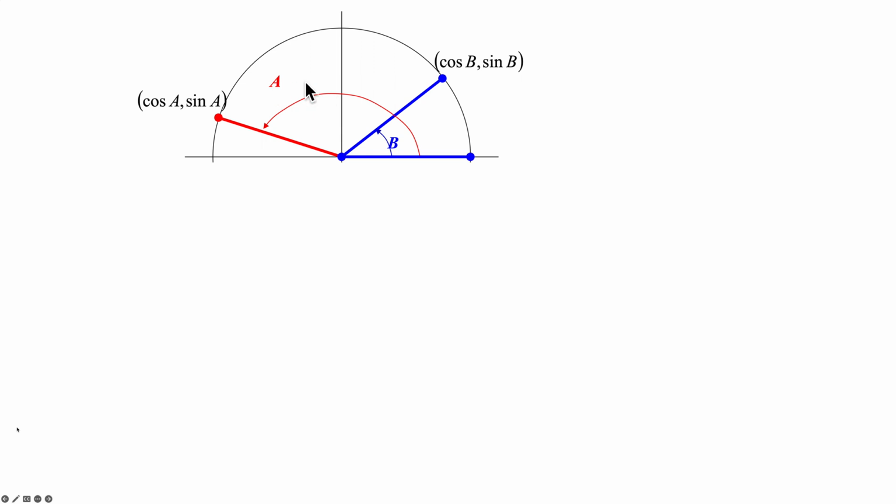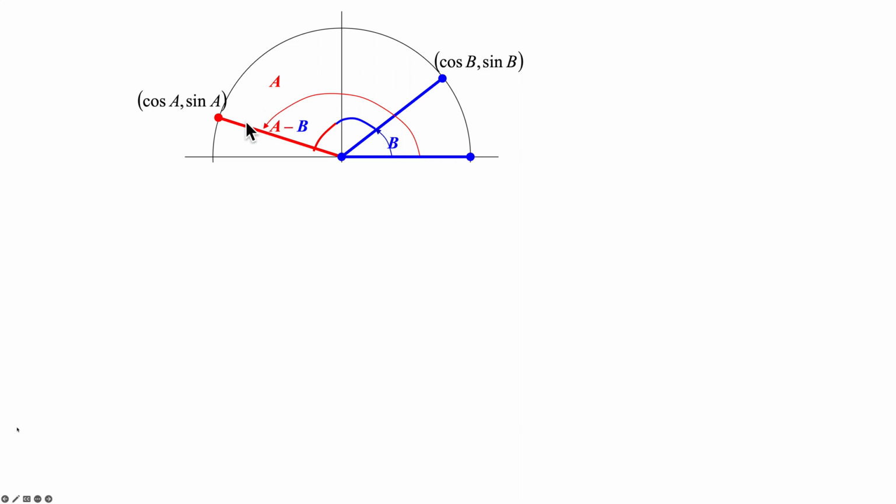Now, I subtract these two angles, which is basically saying I eliminate B from A, so that means from the terminal side of B to the terminal side of A is your A minus B. Now, we really can't work with this right now because we have to have this side on the x-axis.